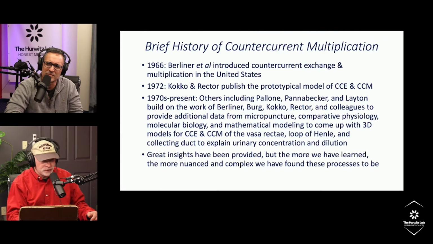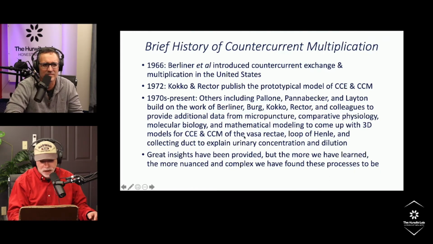It was hard to get human tissue, so it was rat, rodent, and kangaroo rat. And some people were doing the physiology and the micropuncture. Molecular biology started to come around, so we could label some of these segments, as you'll see.